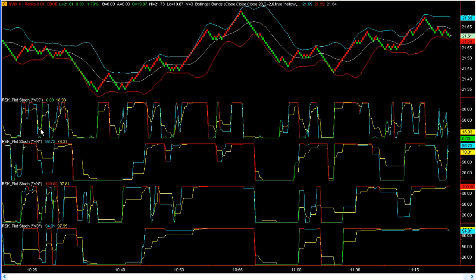But it's interesting to know here, we've got 4 different VIX data feeds. We've got the standard VIX.X, the VIX of the Russell, the NASDAQ, and the Dow being plotted here. Stochastic on each of those. And we're running those stochastics using a 0.01 Renko brick.